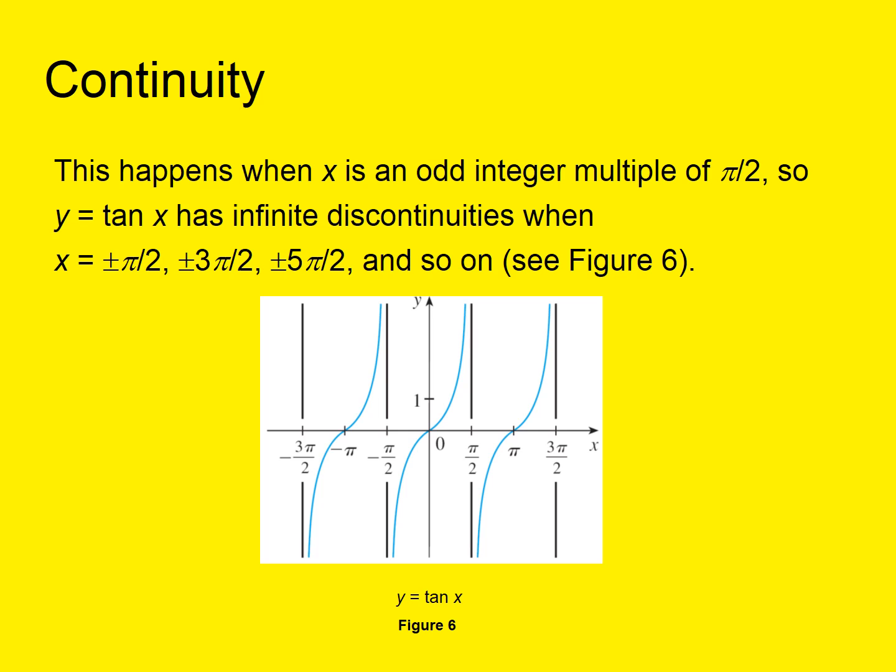So when is cos x going to be 0, the denominator for the tan function? That happens when x is an odd integer multiple of pi over 2.